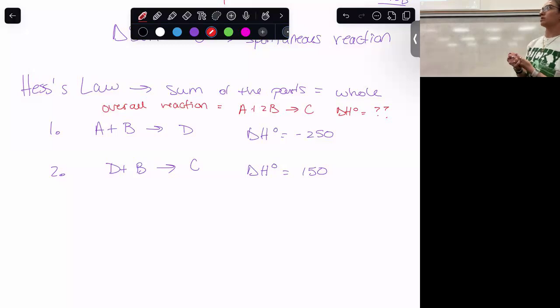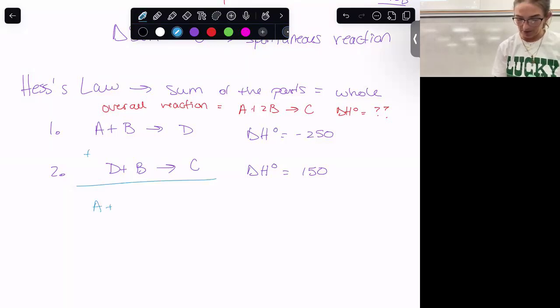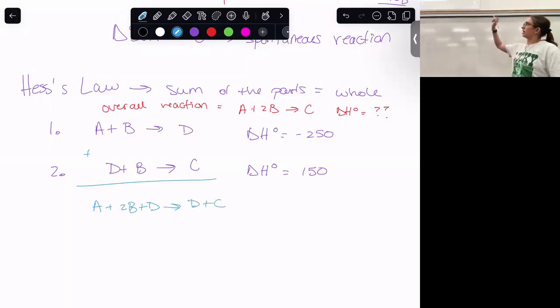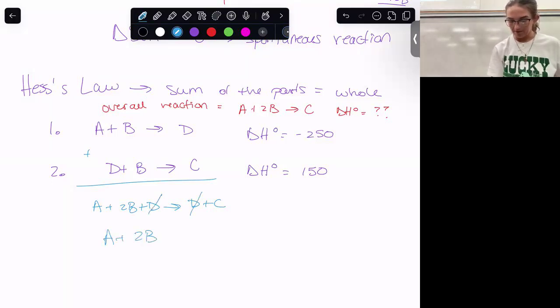So how do I need to manipulate my equations in order to get from our two-step equation to our overall reaction? I don't need to do anything, right? If I were to sum my two reactions, I would get A plus 2B plus D goes to D plus C. The D on the left and the right can cancel out. So my A plus 2B goes to C. If that matches my overall reaction, what can I do to my delta H's?